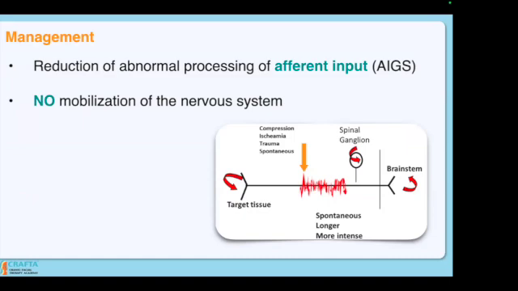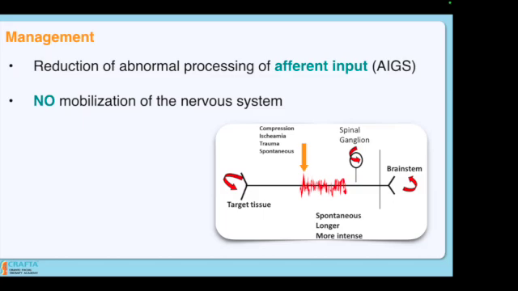So when we look at management, it's important to reduce the abnormal processing of the afferent inputs. So there is a sort of input there, afferent information, in this case an AIGS, abnormal impulse generating site, and we have to reduce that. Important to emphasize here: no mobilization of the nerve system.